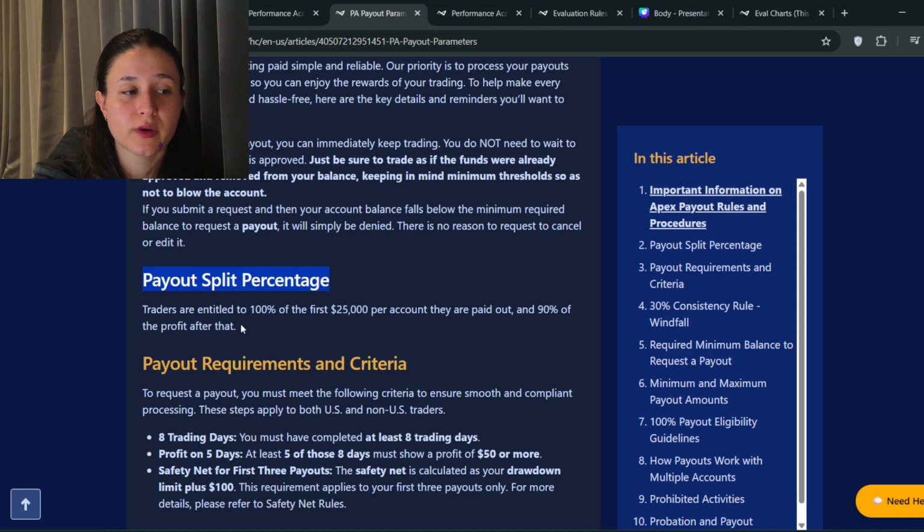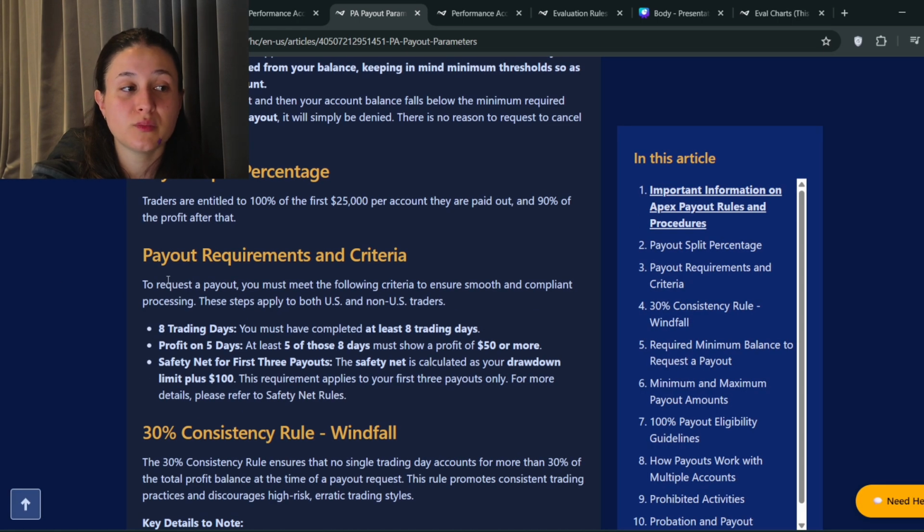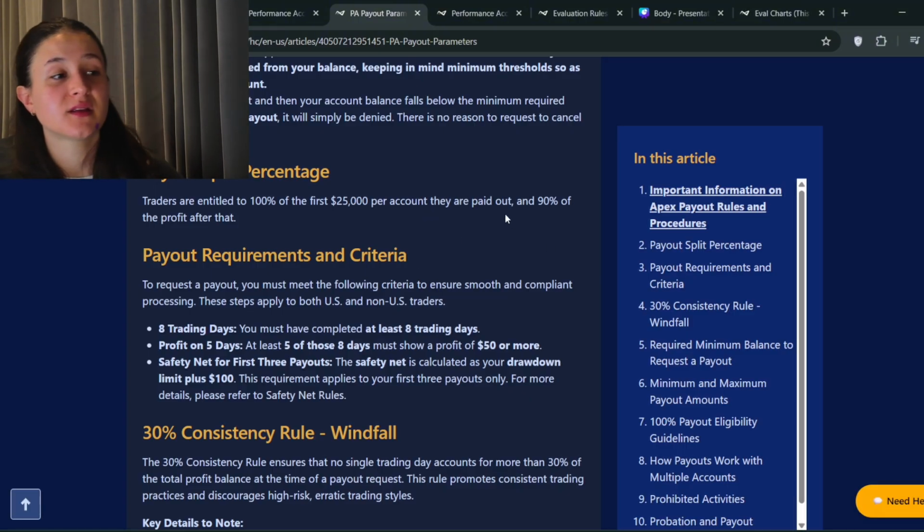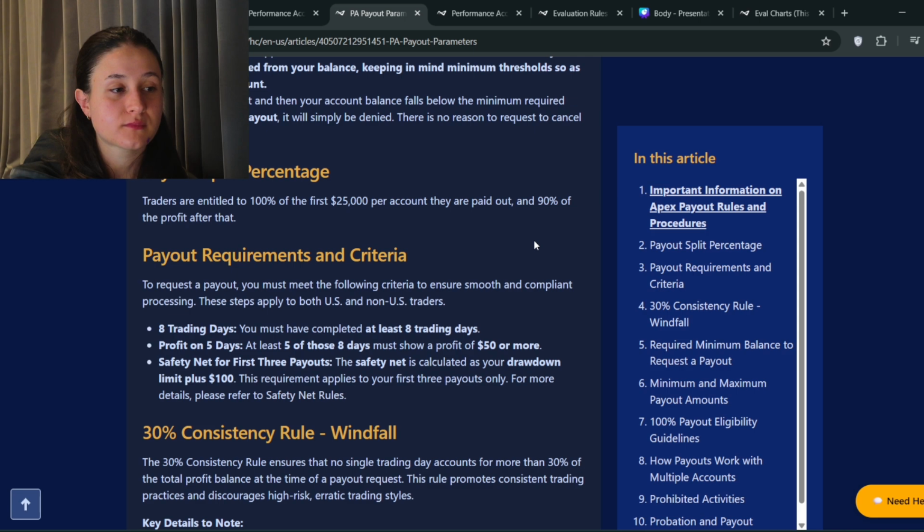I said this before: for one account, the first 25,000 that you're going to withdraw is going to be 100% yours, and then later on for that account 90% will be yours and 10% will go to Apex. After that you're going to get 90% of profit.